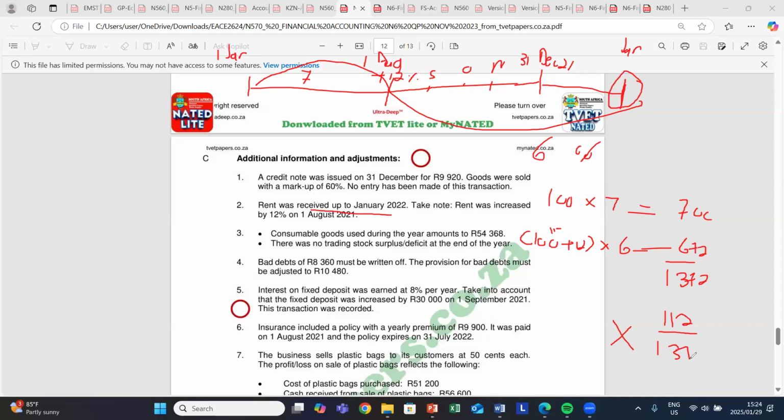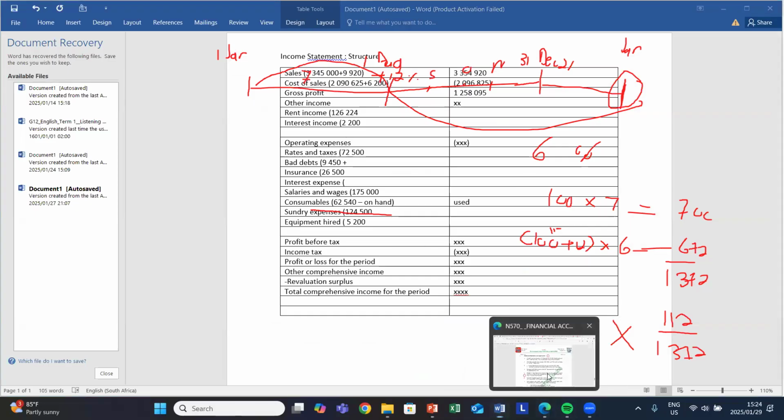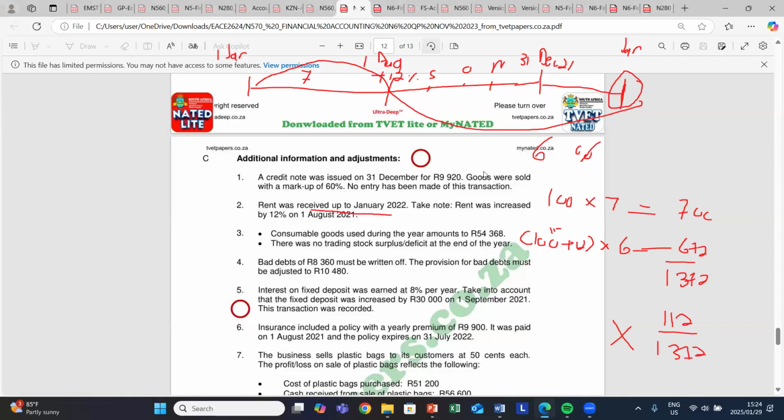1,372. So let's check that amount in the trial balance. How much was that amount in the trial balance for rent? I think it was 126,224, right? Therefore, we'll say 126,224 multiplied by 112 divided by 1,372.